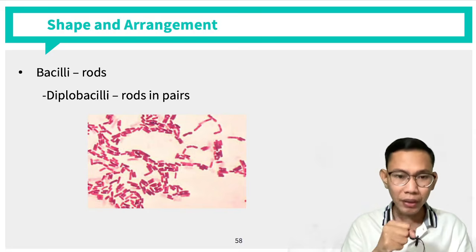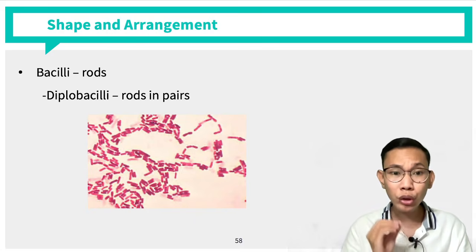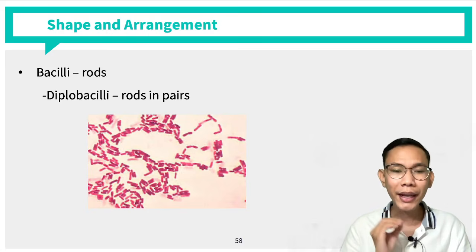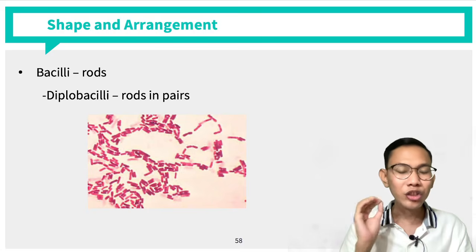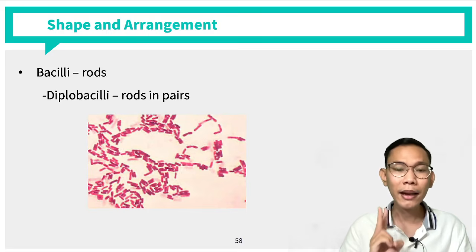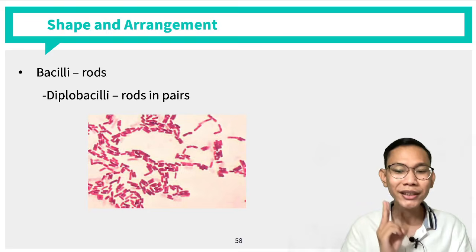Not all cocci are gram-positive. There are exceptions to the rule. And also, not all bacilli are gram-negative, but majority. So, in general, pag gram-positive, remember first of your cocci. Pag gram-negative, remember first of your bacilli. But this is not always the case because there will always be an exception to the rule. You will learn that.